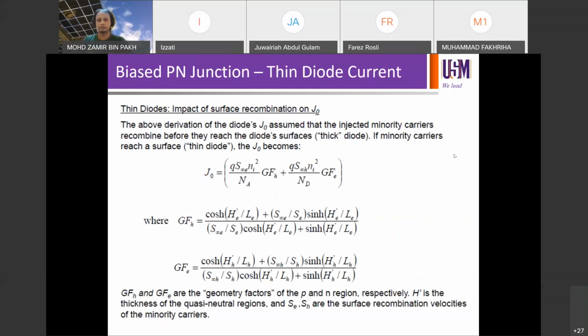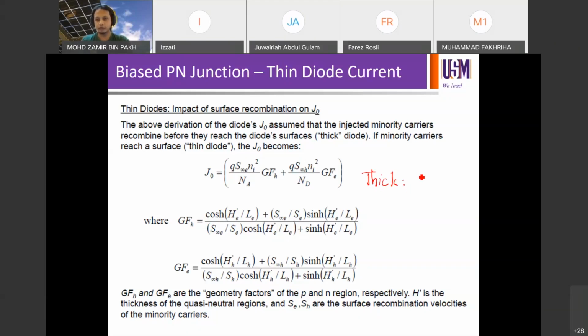Let me improve this. When we say it's a thick diode, that simply means the diffusion length of your carriers is less than the device thickness. Okay, so let's make a little summary of the thick diode, because now we're going to see the thin diode. So let's write a little bit about the thick diode.